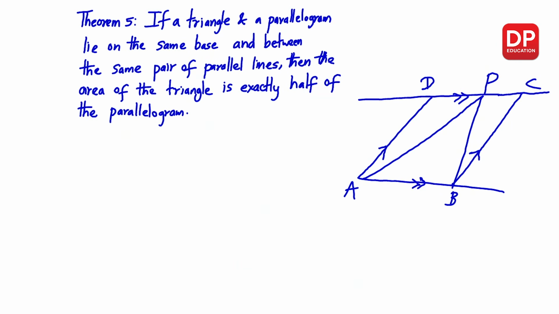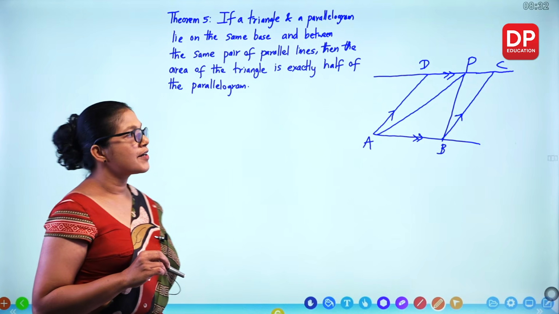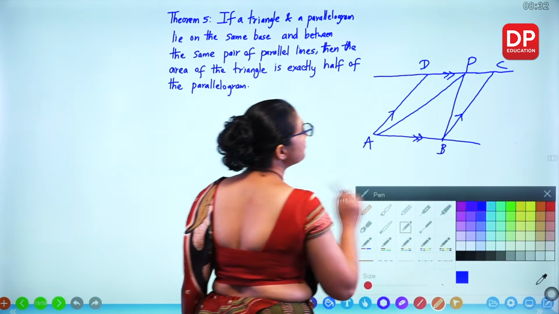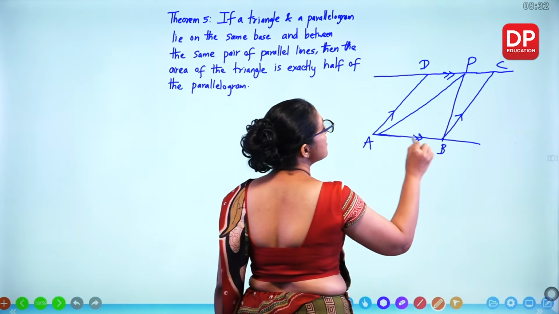Now we'll look at Theorem 5. Theorem 5 says, if a triangle and a parallelogram lie on the same base and between the same pair of parallel lines, then the area of the triangle is exactly half of the parallelogram. So when you look at the diagram, this is the triangle.